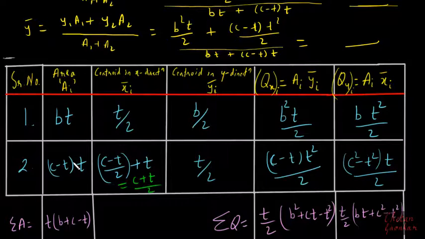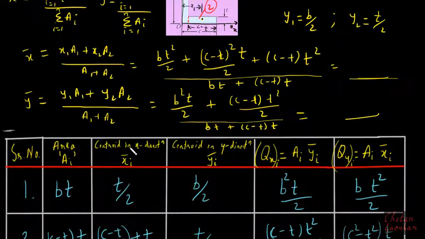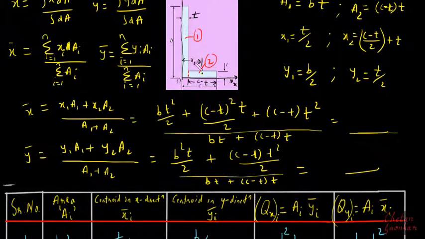Then I will write the centroidal distance in x direction, that is xi. This is with respect to the y-axis. So centroidal distance in x direction with respect to y-axis is called xi. For the first shape it was t by 2.